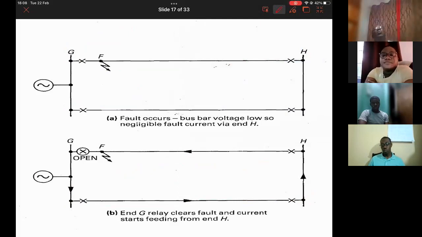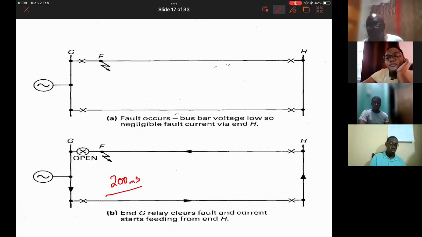Now, I know when we think about it, we're talking about 200 milliseconds, and we say, boy, that's not long. But in the scheme of things, in power systems, it is, because we're dealing with very high currents. You only want to get an appreciation.